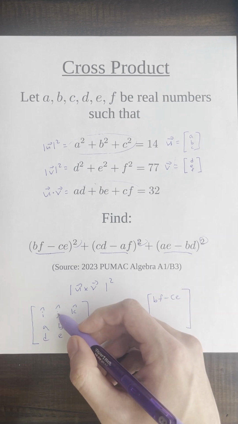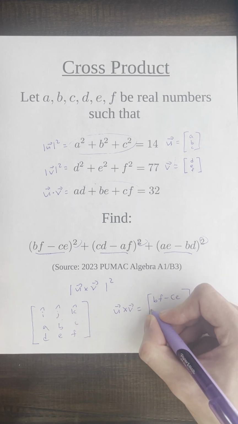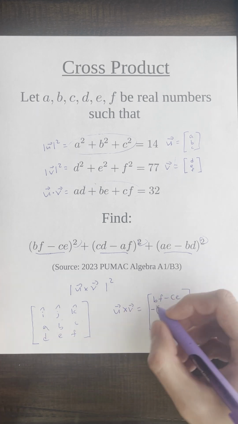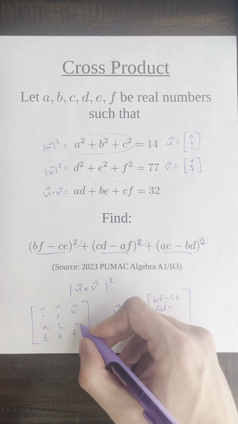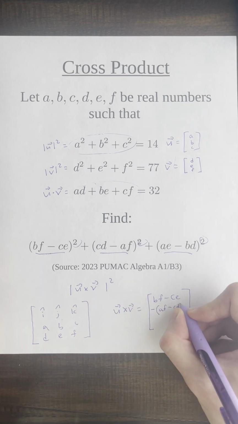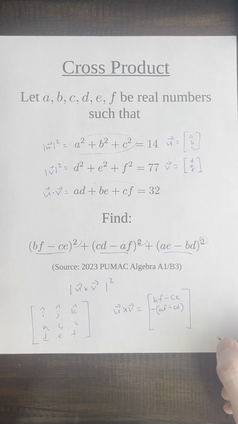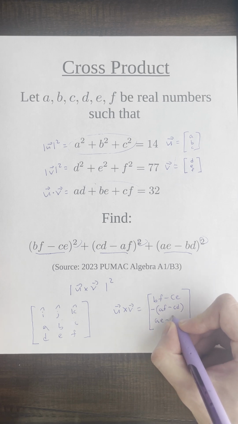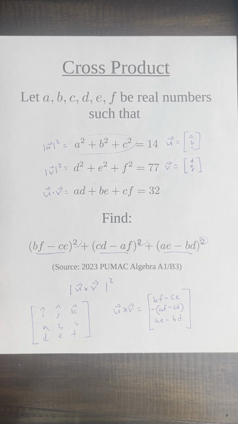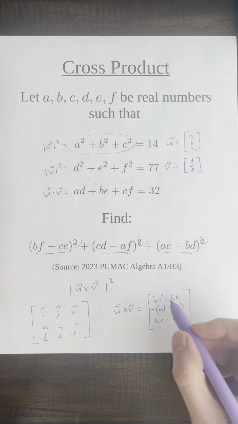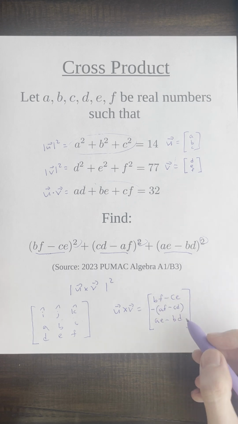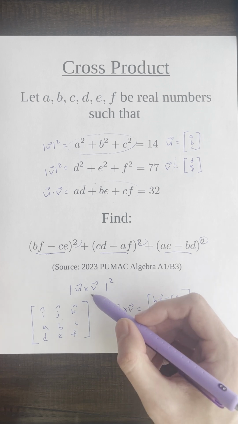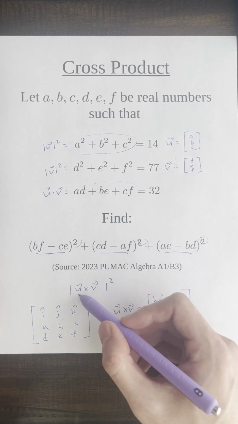And then for j hat, it's going to be negative 1 times AF minus CD. And for k hat, AE minus BD. And if I take norm squared of this vector, then I'm going to get this. So that's why this is norm squared of the cross product.